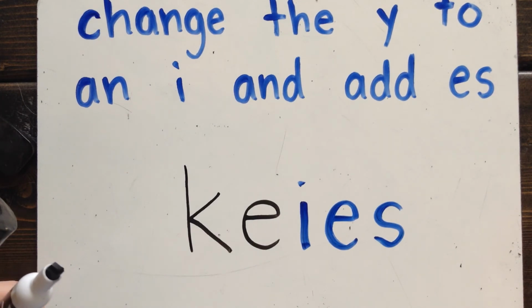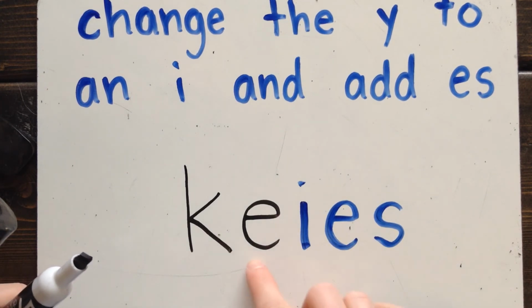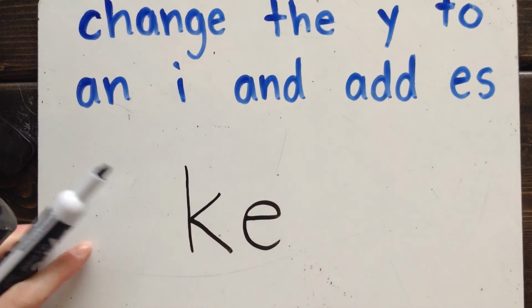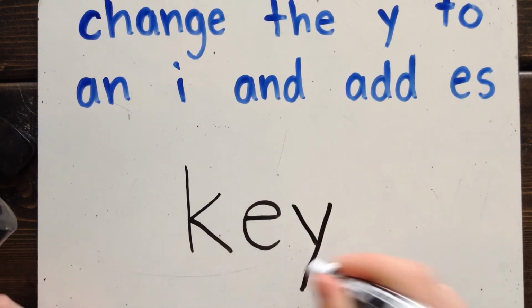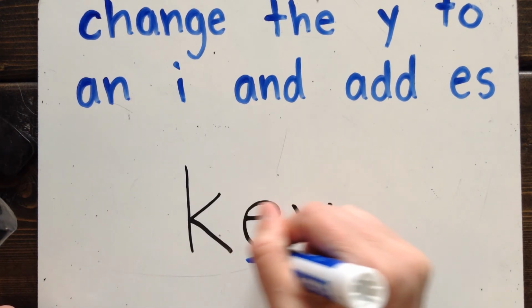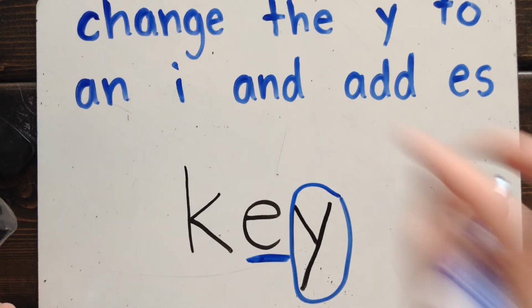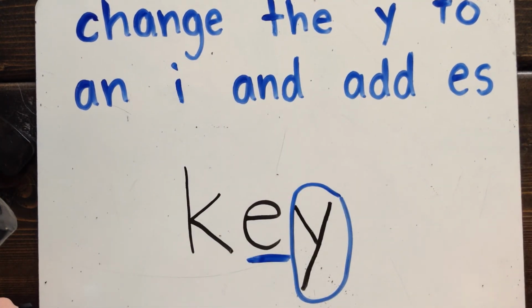The reason we don't follow this rule is because now there are too many vowels in a row. If you have a word like key, where a vowel comes before that Y that you are about to change, don't do it.